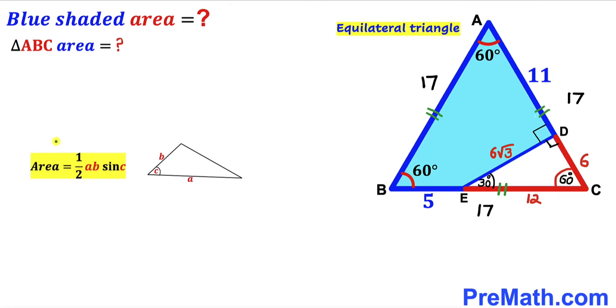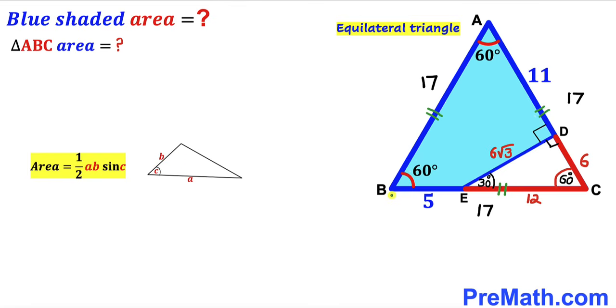And now let's recall the area of a triangle formula. Area is always equal to a half times A times B times sine of angle C. As you can see in this triangle, this is our side A, this is our side B, and C is the angle in between.